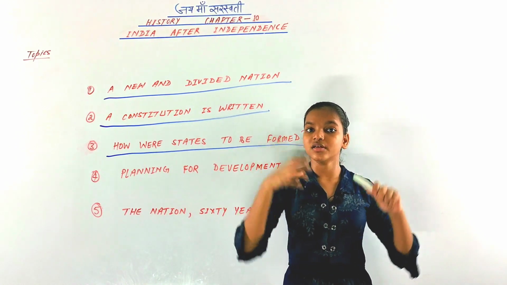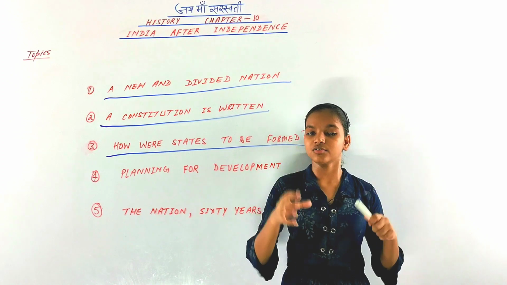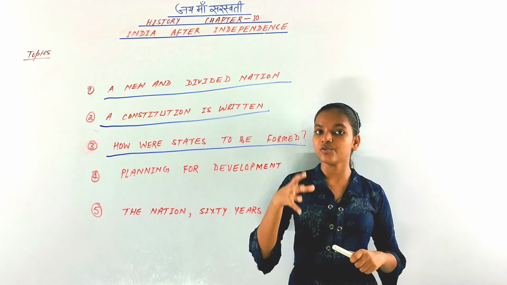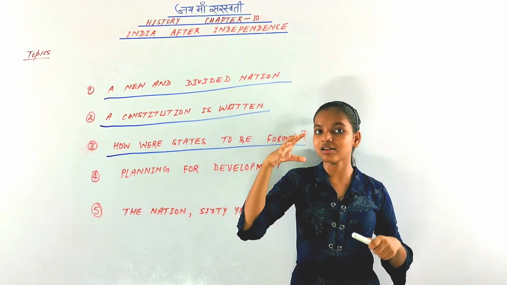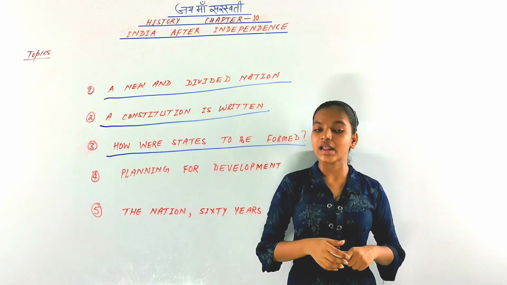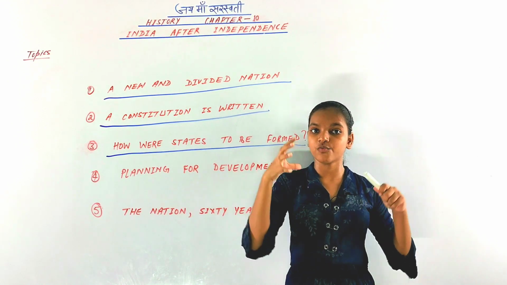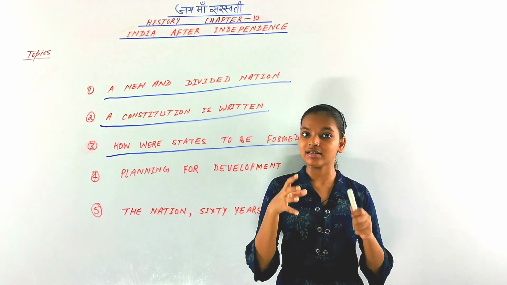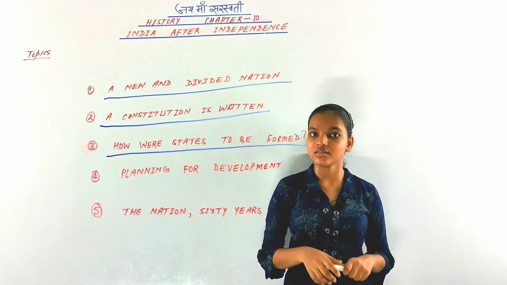Because of this the central government was forced to fulfil their demand and made a new state, which came to be known as Andhra and subsequently became Andhra Pradesh. On 1st October 1953 Andhra Pradesh was made. Andhra Pradesh was separated from Madras, and that is a very important point.